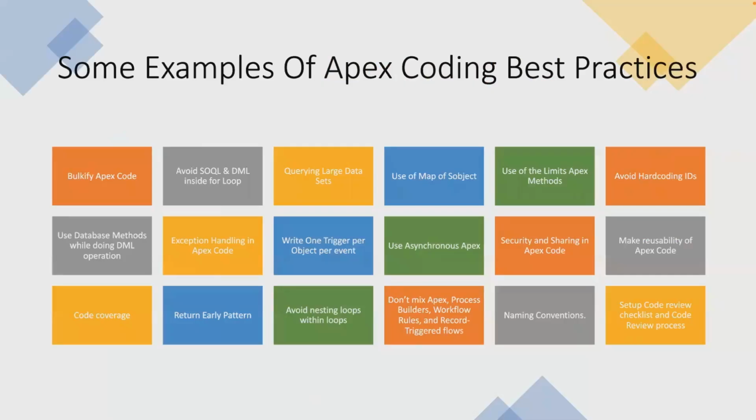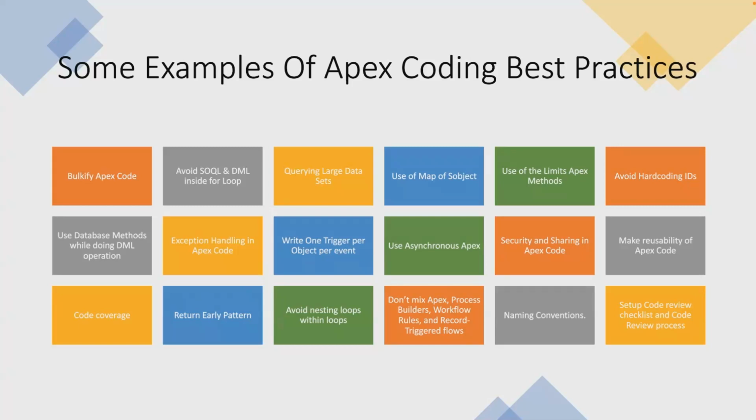Next, there are some examples of Apex coding best practices. You can see bulkifying our code, avoiding SOQL and DML operations in for loops, paginating larger data sets, using maps of sObjects, and using limit methods. Using limit methods is most important to get rid of limit errors. Avoid hard coding.